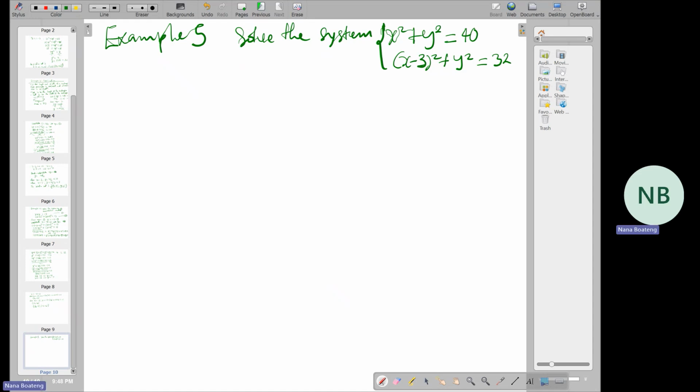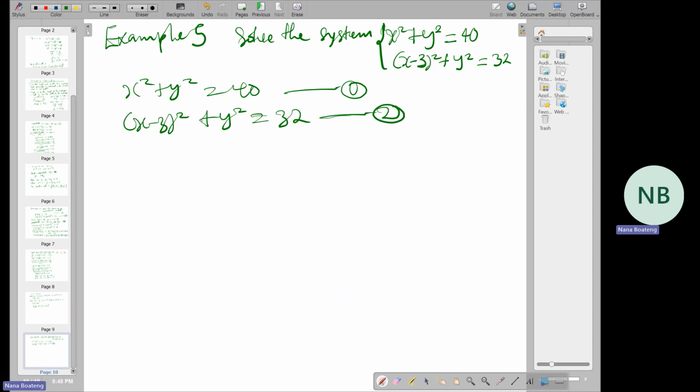All right, so this is our equation 1, x squared plus y squared is equal to 40. Let's label it as equation 1, and x minus 3 squared plus y squared is equal to 32. We'll label it as equation 2.